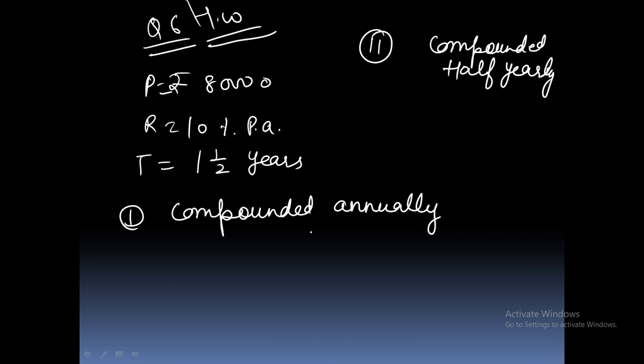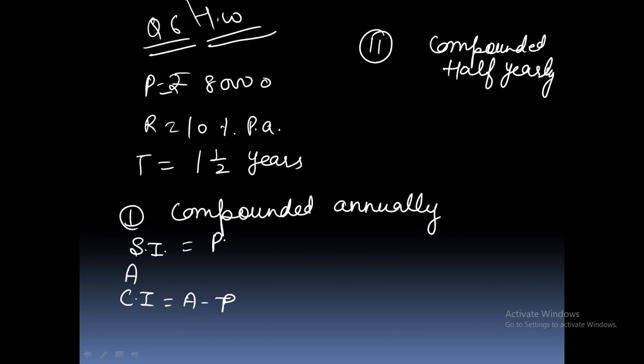When you have to find compounded annually, then you have to use these two methods: simple interest, then amount, then compound interest is equal to amount minus principal.